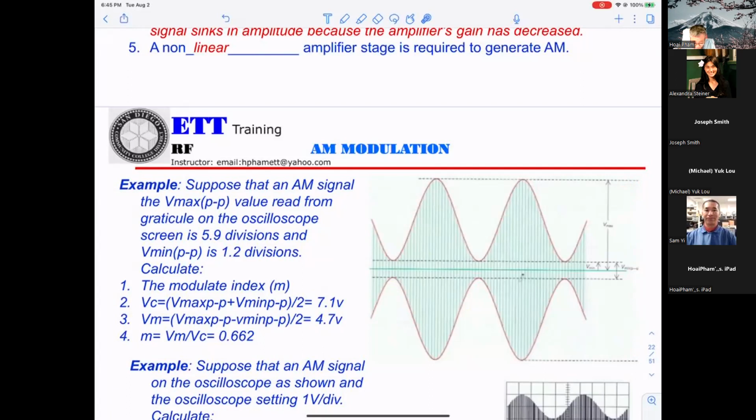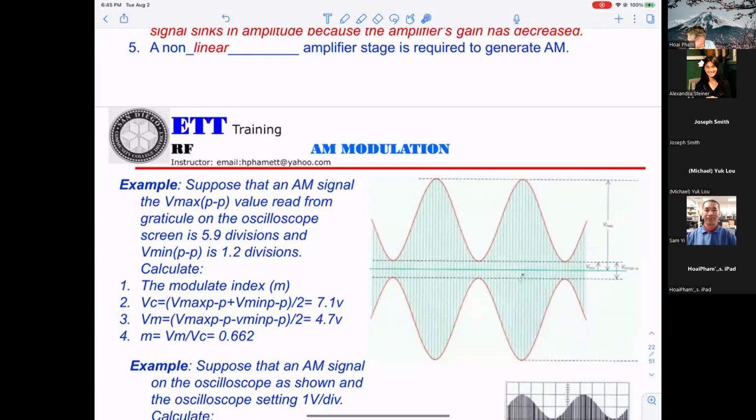Then you want to calculate the modulation index. VC equals V max peak to peak plus V minimum peak to peak, divided by 2. How do they get 7.5 volts? Let's see.